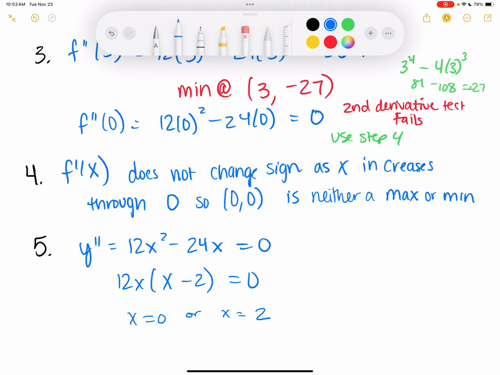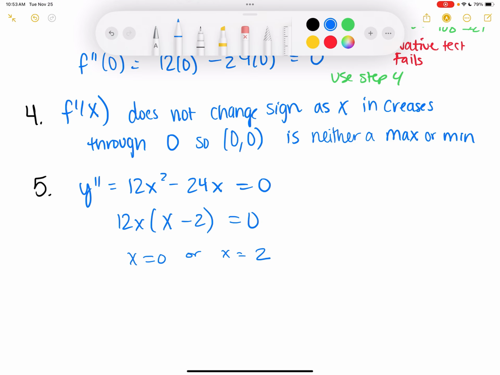So I'm looking at what happens very similarly to what I did here as x goes from negative to positive. What's happening on here? For the sign of the second derivative, I'm just looking at this equation here.